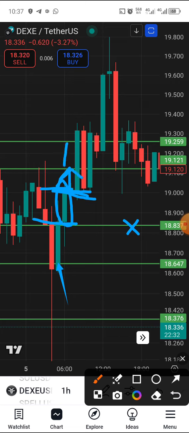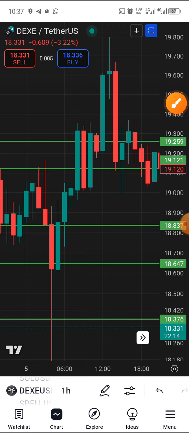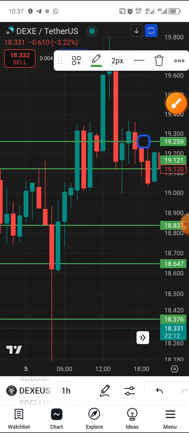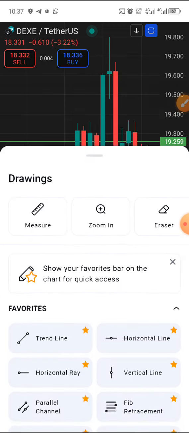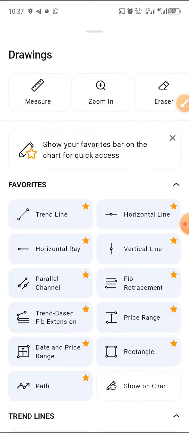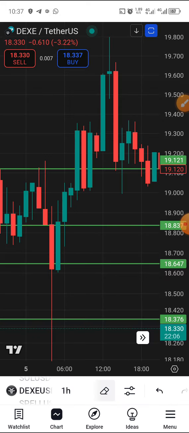After we enter again, we take profits at this point here. But remember, I drew these lines in a 4-hour time frame. So let me first remove them, then draw them again in the 1-hour time frame, because I don't want to cause confusion.